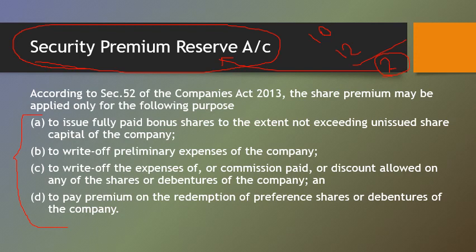Let's see the first one: to issue fully paid bonus shares to the extent not exceeding the unissued share capital of the company. Whenever the company is issuing bonus shares to its members, this premium amount can be utilized.